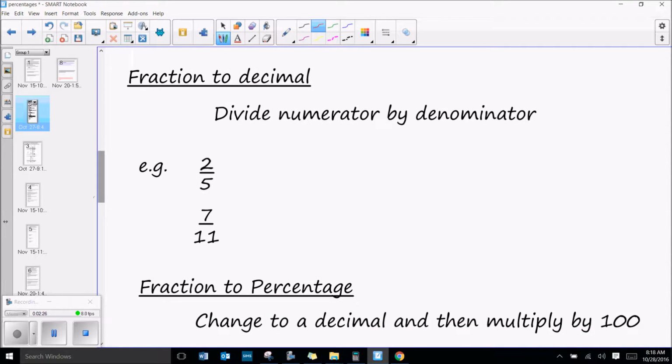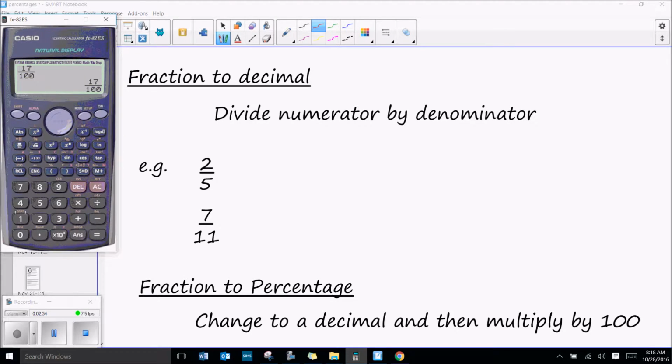Fraction to decimal. All we have to do here is divide the numerator by the denominator. So 2/5 would become 2 divided by 5. Now you will note that in the mode that I'm in, the calculator just brings it up as 2/5, but the SD button will change it to a decimal.